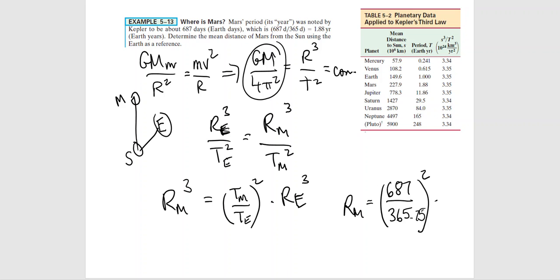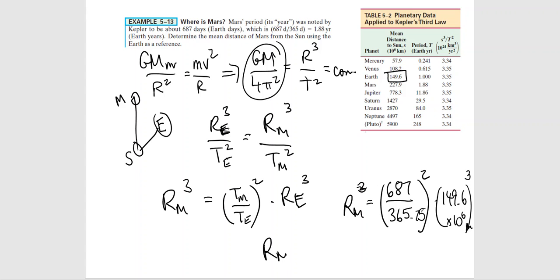Times, the radius of the Earth. We can just take that as the mean distance from the sun, 149.6 times 10 to the 6 kilometers. And don't forget that's going to be squared. Oh, cubed. Sorry, cube that and cube that.